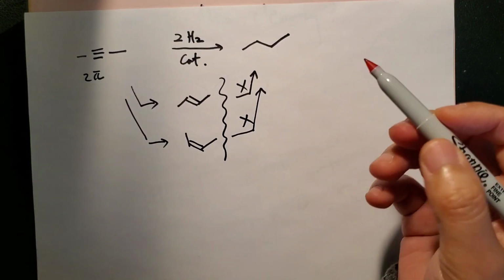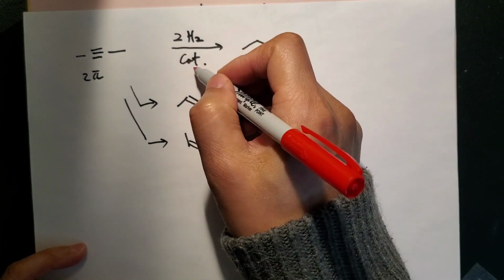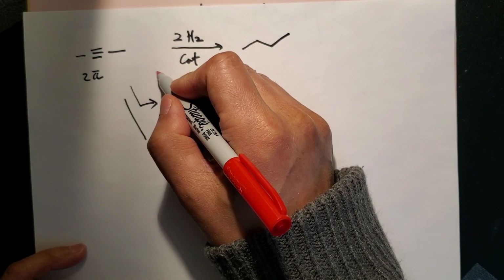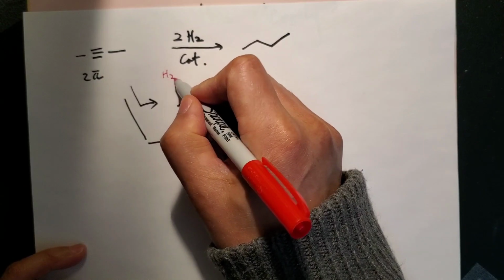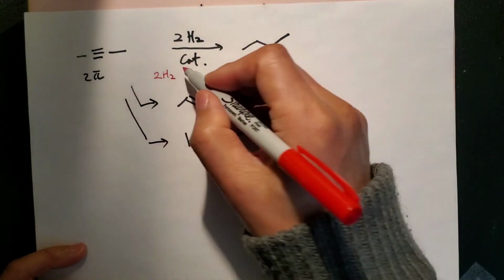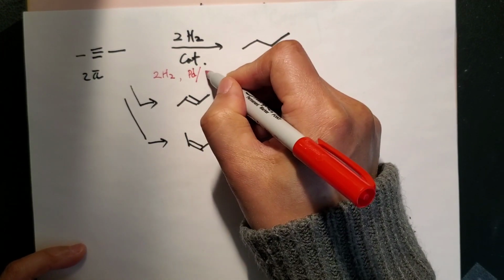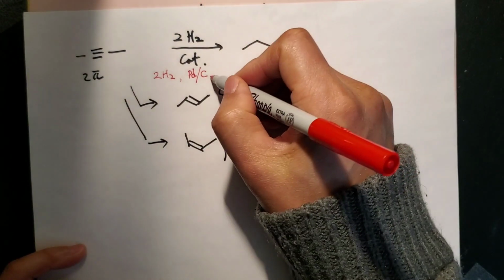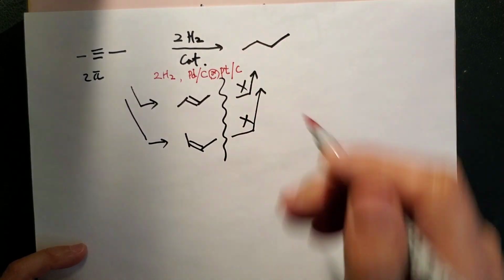So if you want it to go all the way to the alkane, you need a little different catalyst, slightly. So you use hydrogen, of course. Eventually you need 2 moles. Then you need catalyst. One of the best is palladium on the carbon black, or something expensive, but platinum on the carbon black.